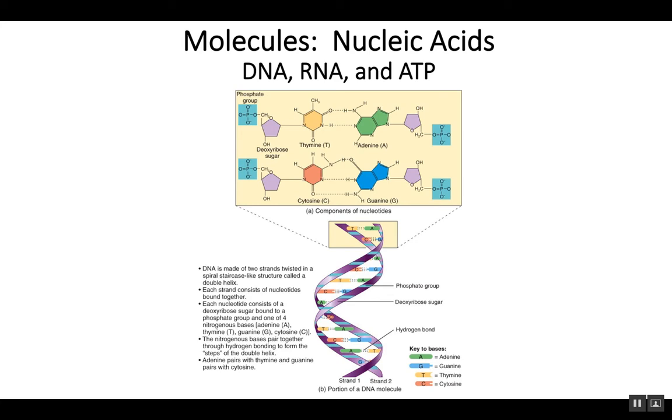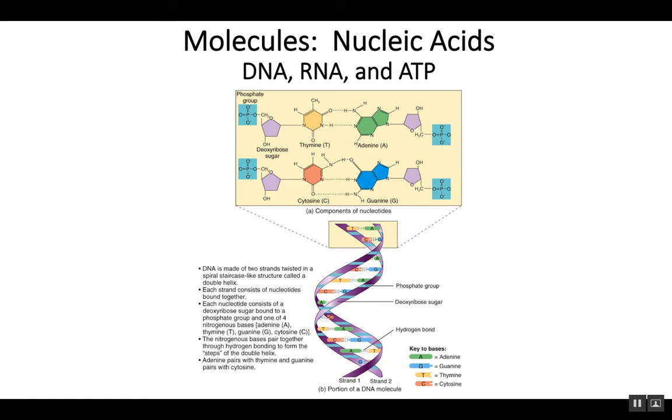DNA is made up of nucleotides. Those are the building blocks of DNA. The nucleotides found in DNA are thymine, adenine, cytosine, and guanine. Those are used to build a double-stranded helix, which is found in your chromosomes inside the nucleus of your cells.